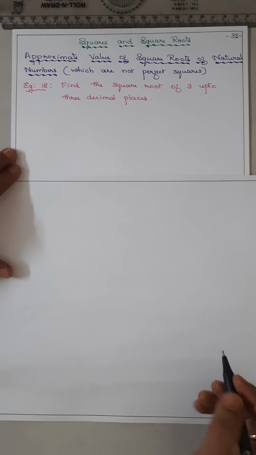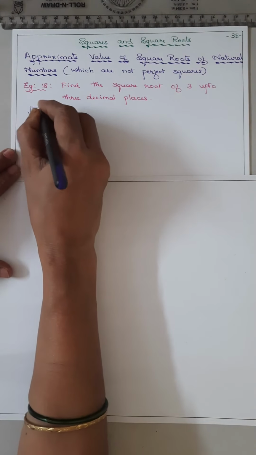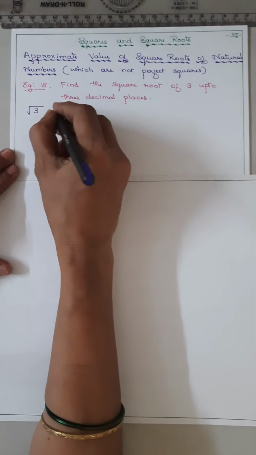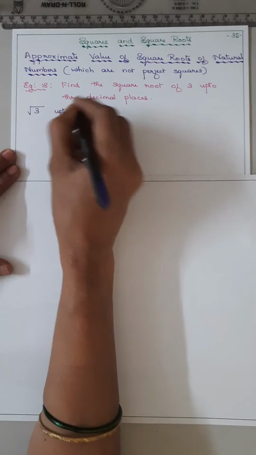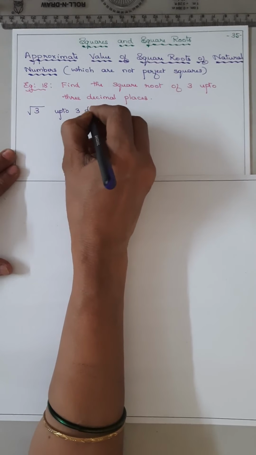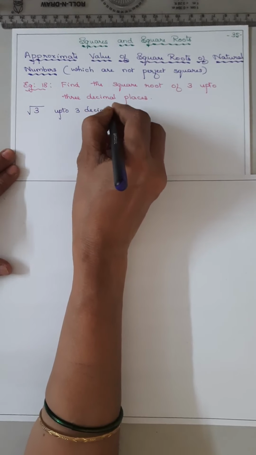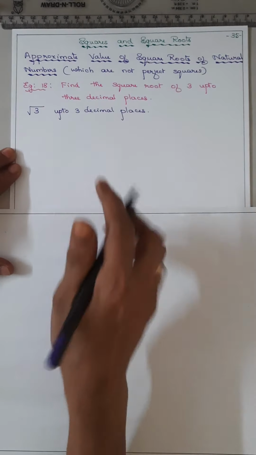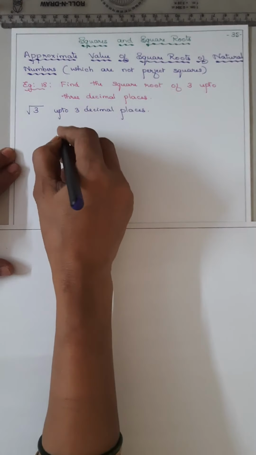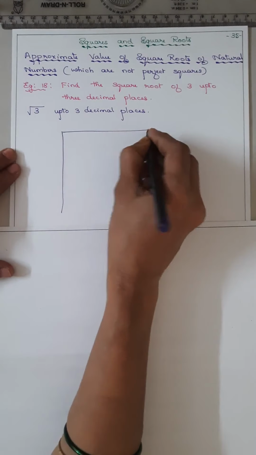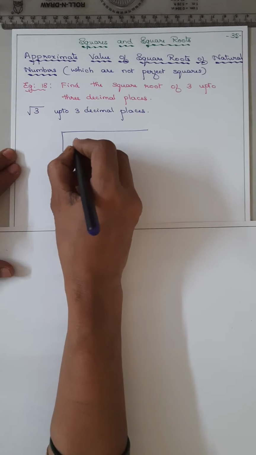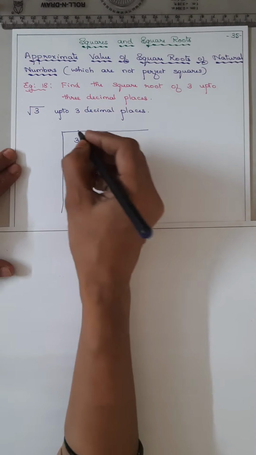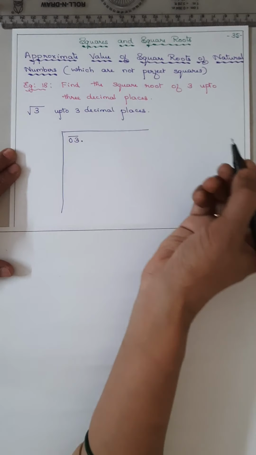Now the question is, find the square root of 3. You know 3 is not a perfect square, up to 3 decimal places. So for that, we put the line and now 3 point, decimal places, so 0, 3 it will be.